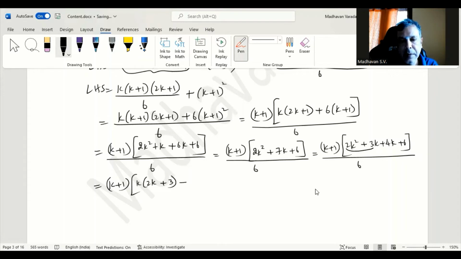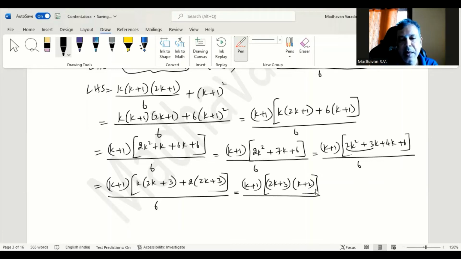Then in the next two terms, the common is 2, so we can write it as 2k plus 3, divided by 6. Now this can be rewritten as k plus 1, and then here the common is 2k plus 3 times k plus 2 divided by 6.